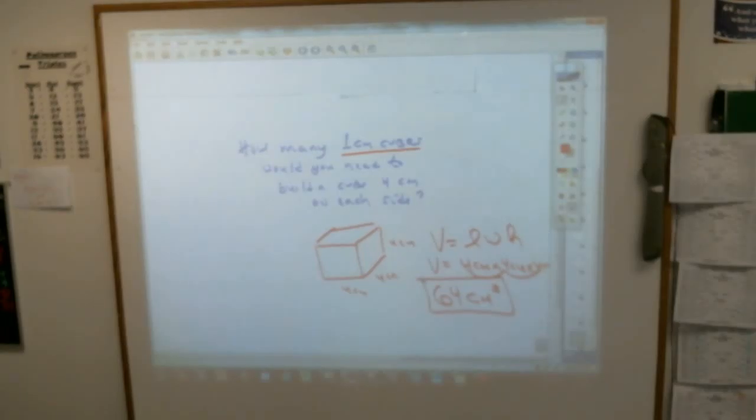Now here's a trick question. How many cubic inches do you think there'd be in a cubic foot? How many cubic inches in a cubic foot? Brooklyn? 4. Negative.